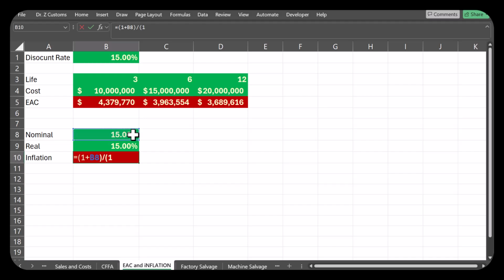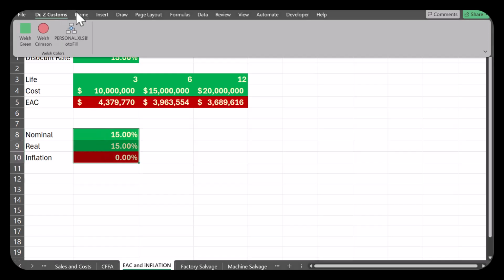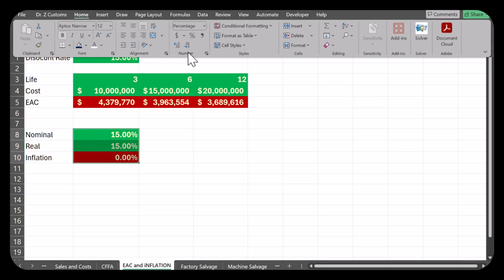Of course, I set this up so that it is 0. But if this is 15 and 10, that would have been the number.